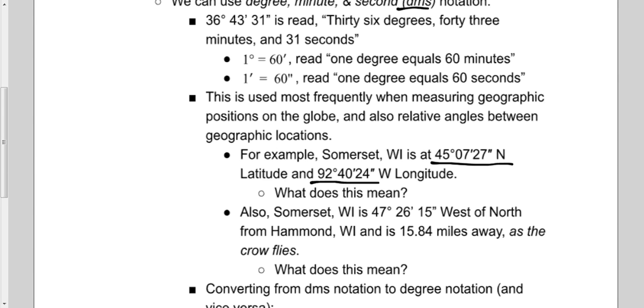What does that mean? When I say 45 degrees north of what? The equator, right?